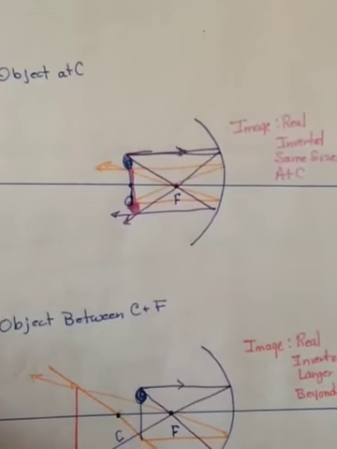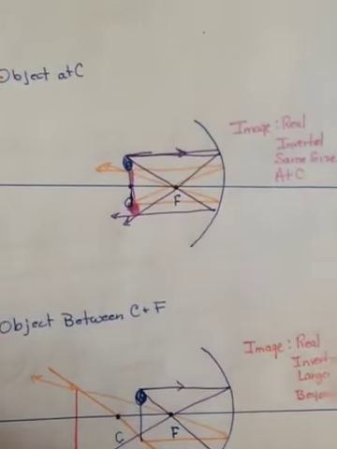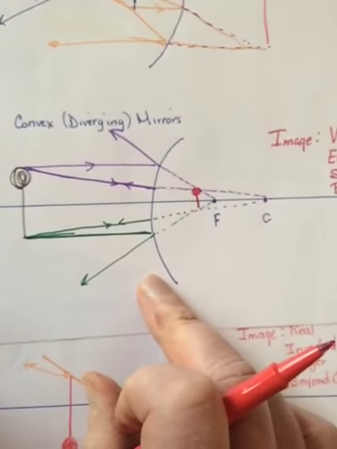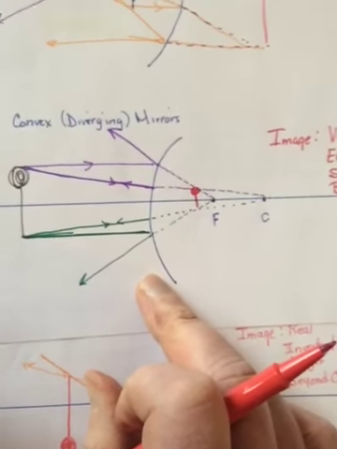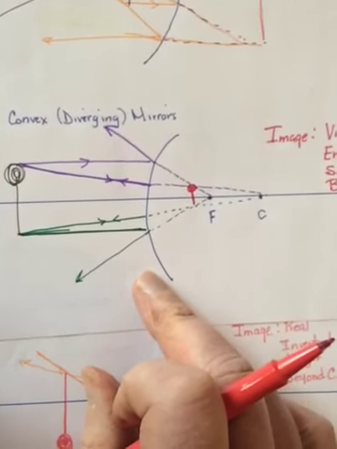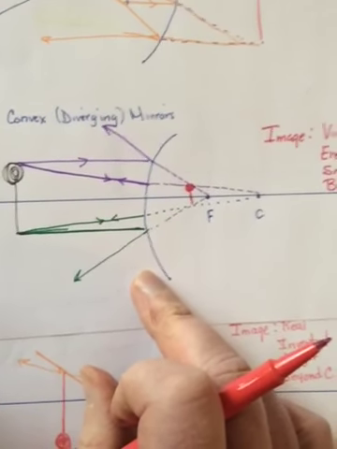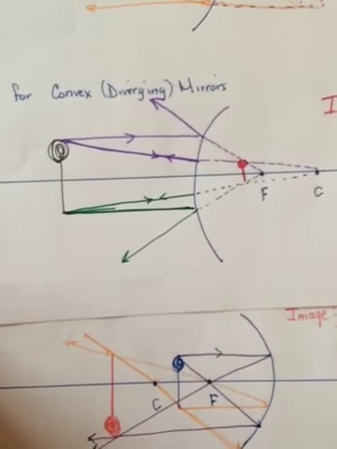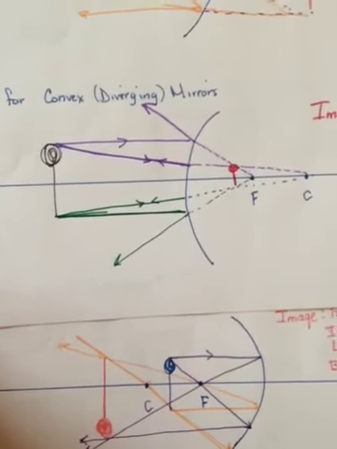The one that you would probably be most used to would be this one, the diverging one. If you've ever been in a corner store that has a mirror up in the top corner by the ceiling, and you can see the whole store from it, that is this guy.